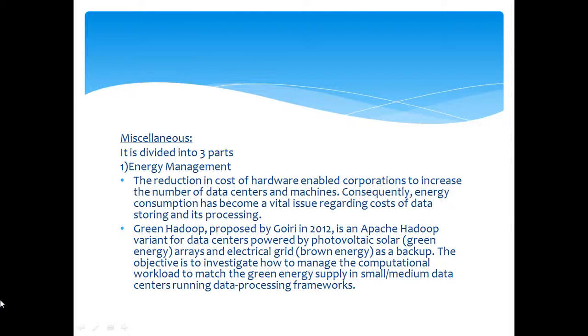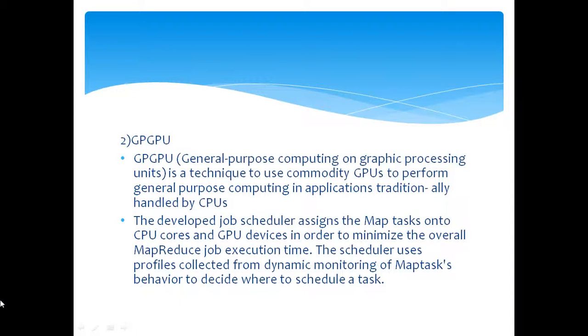They tested many data processing workloads, and the objective is to investigate how to manage the computational workload to match the green energy supply in small or medium data centers running data processing frameworks. GPU is the next topic. General purpose computing on graphics processing units is a technique to use commodity GPUs to perform general purpose computation in applications traditionally handled by CPUs.